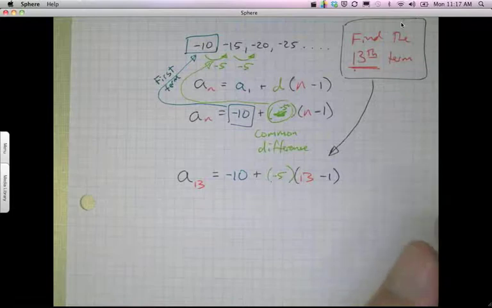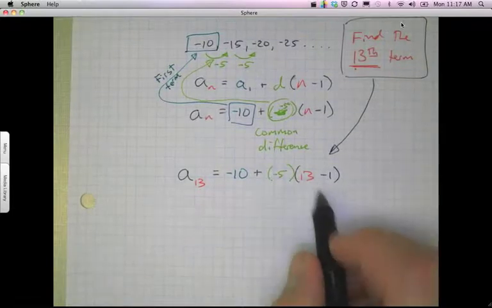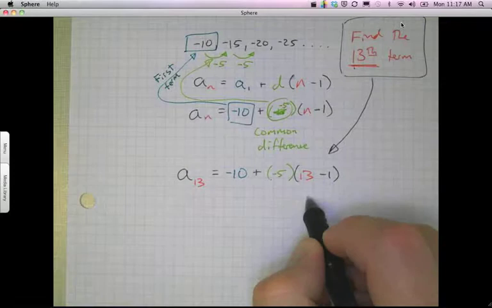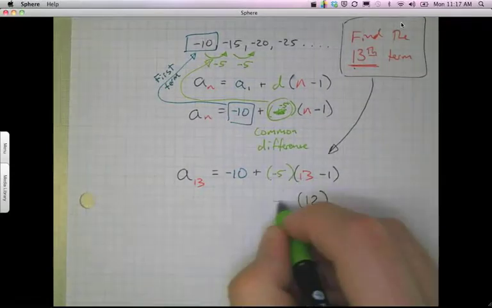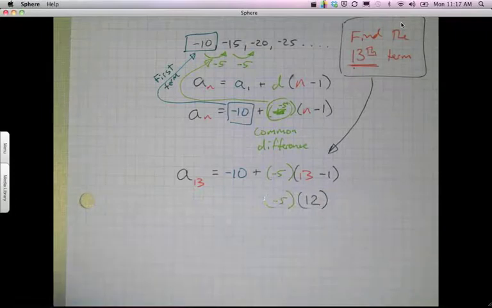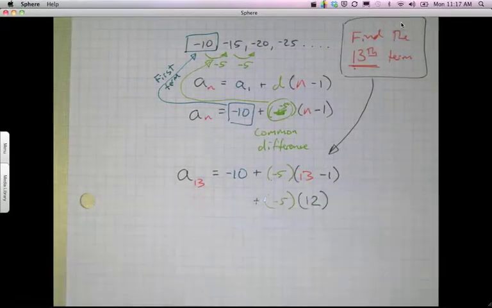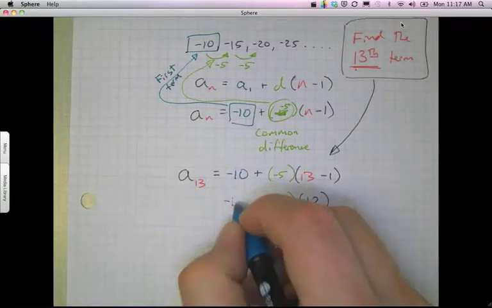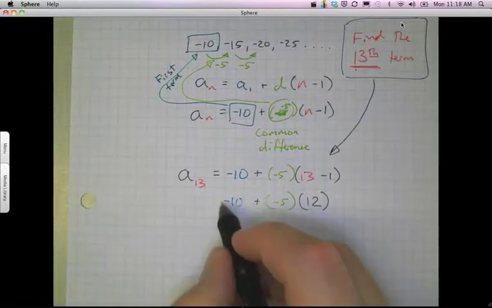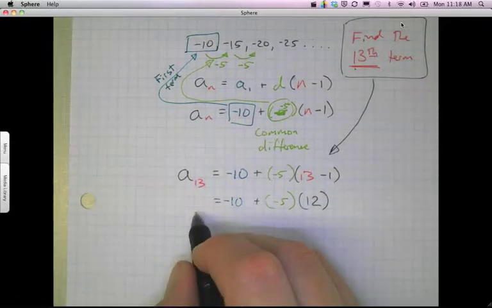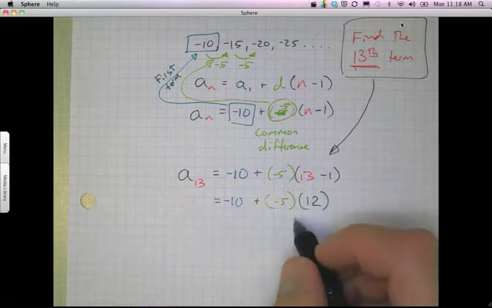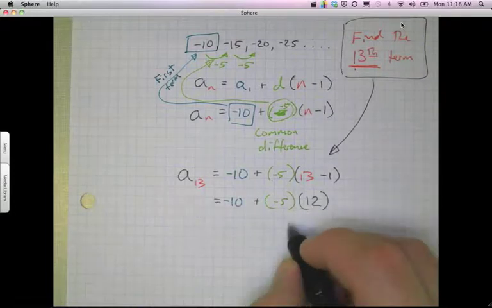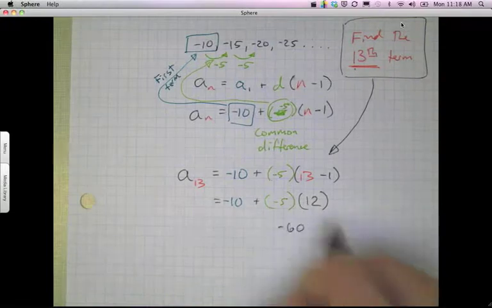So then I just have a simple problem of solving all the different math. So this becomes 12, and that's still multiplied times negative 5. And then everything else is exactly the same. I'm not going to write the A sub 13 because it's just assumed, since it's not changing, it's just going to remain the same. So negative 5 times positive 12 becomes negative 60.